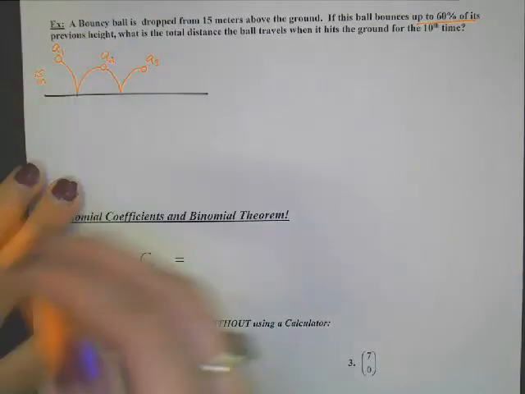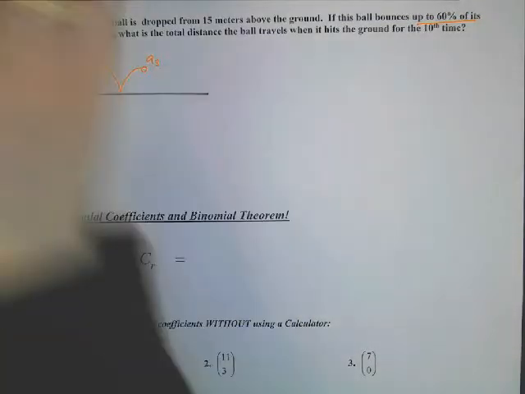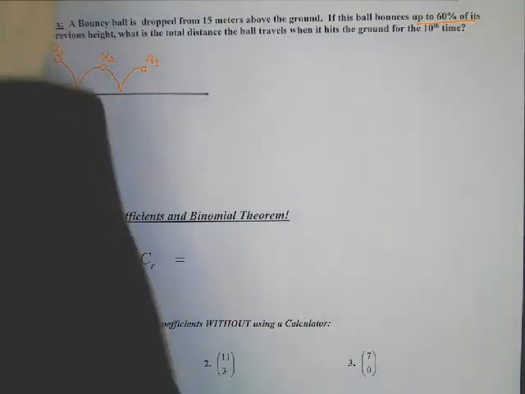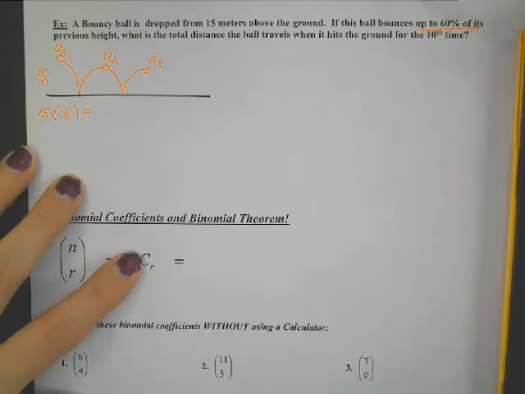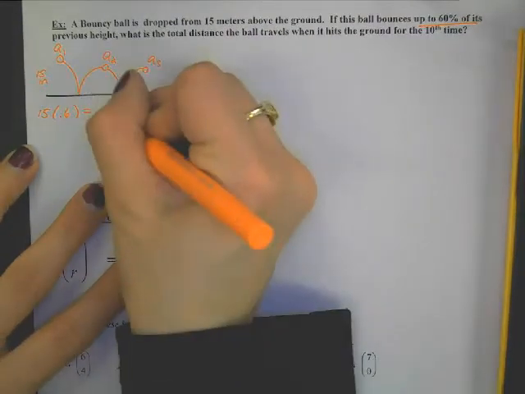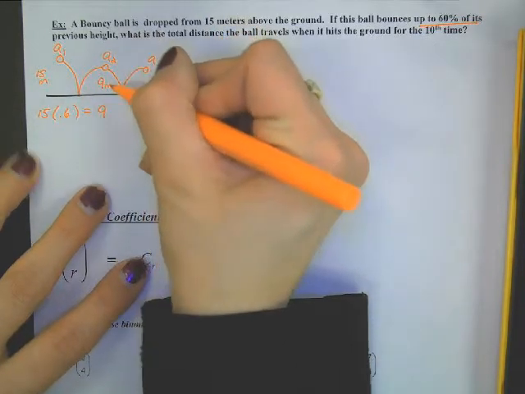So if you have 15 times 0.6, I'll put this calculator over here. 15 times 0.6 is 9. So A sub 2 is 9 meters.